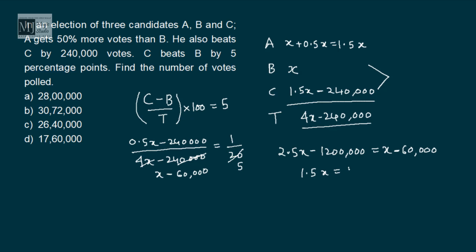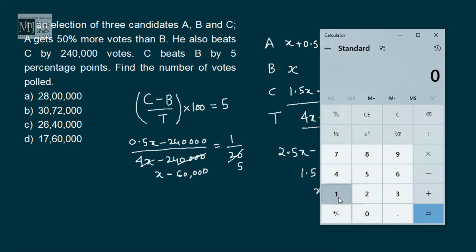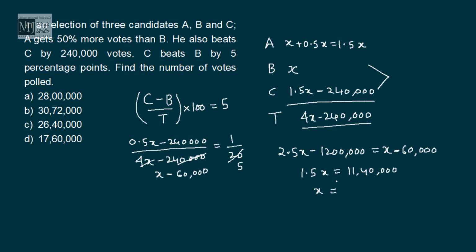1.5x is 11 lakhs 40,000. So x should be 11 lakh 40,000 divided by 1.5. That gives 7 lakh 60,000.